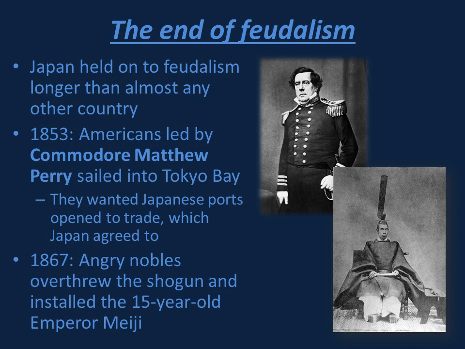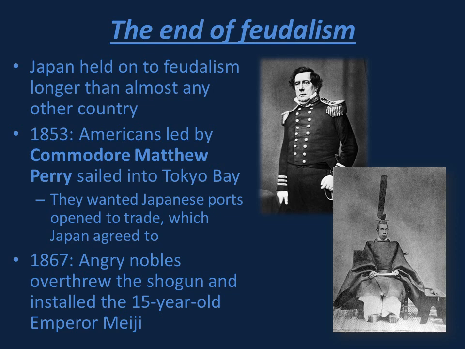In 1853, Americans made formal diplomatic contact with Japan, really for the first time. An American navalman named Commodore Matthew Perry sails a fleet of ships into Tokyo Bay, lands and demands that Japan open up its ports to trade with America, because America wanted some Japanese goods and wanted that market to sell their goods as America had begun to industrialize.